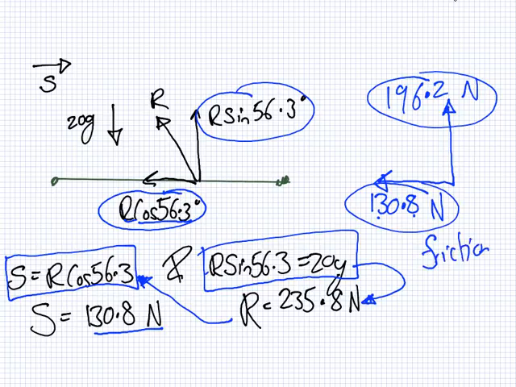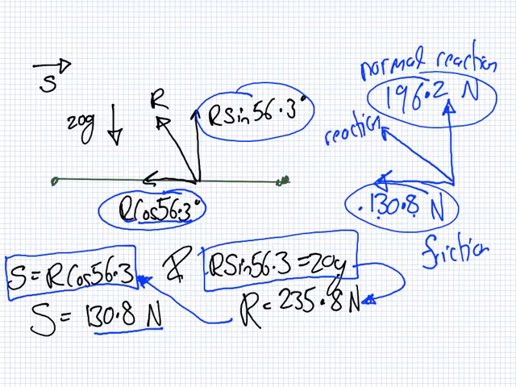Right, so we have a force this way of R cos, and a force this way of R sin. The R cos is 235.8 cos 56.3, and the force going up is R sin.